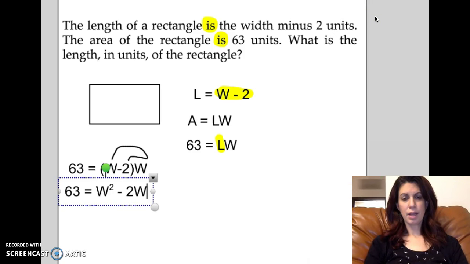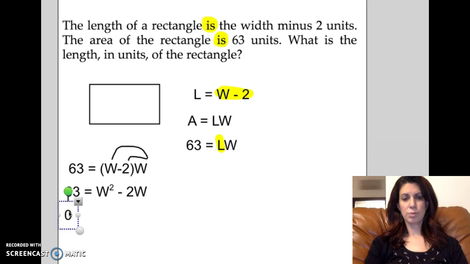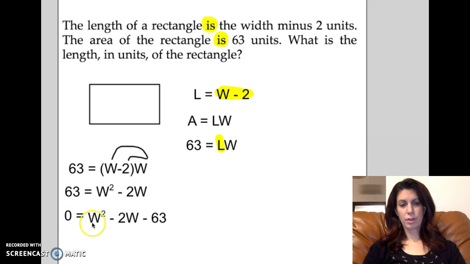We're going to solve for W, but we have a quadratic, and we have to get it equal to 0. So I'm going to subtract 63 from both sides. 63 minus 63 is 0. Then we have W squared minus 2W minus 63.